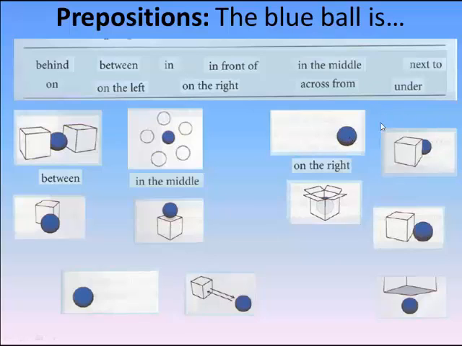In this case, the ball is behind the box. In this case, the ball is in front of the box. In this case, the ball is on the box. In this case, the ball is in the box. And in this case, the ball is next to the box.